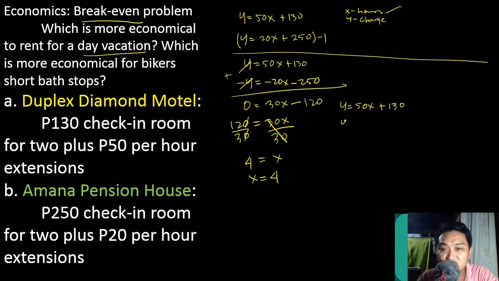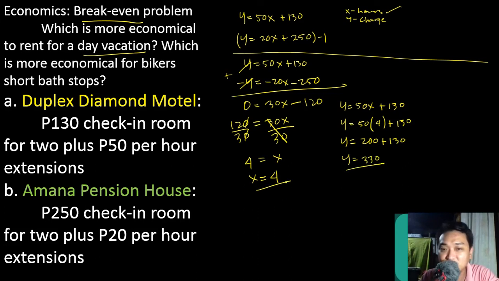So, this is the same as y is equivalent to 50 times the value of x, which is 4, plus 130. Y is equivalent to 50 times 4 is 200. Ano po? 4 na 50, 200. Plus 130, y is 200 plus 130 is 330.